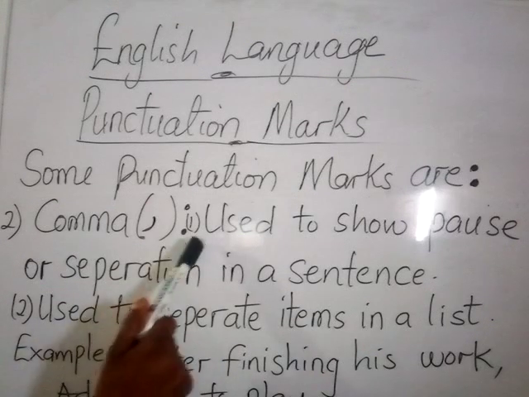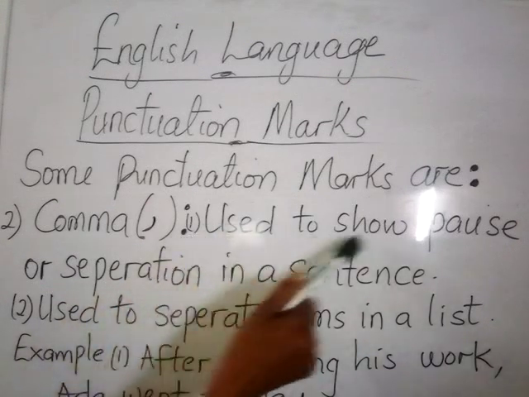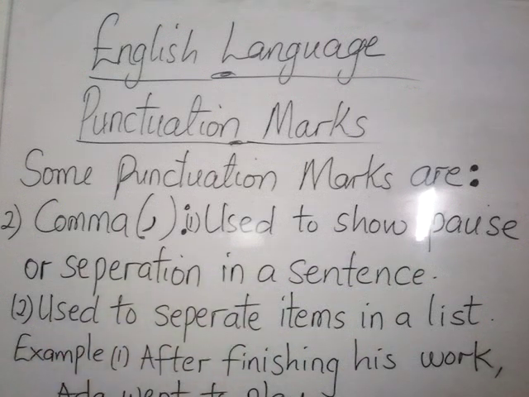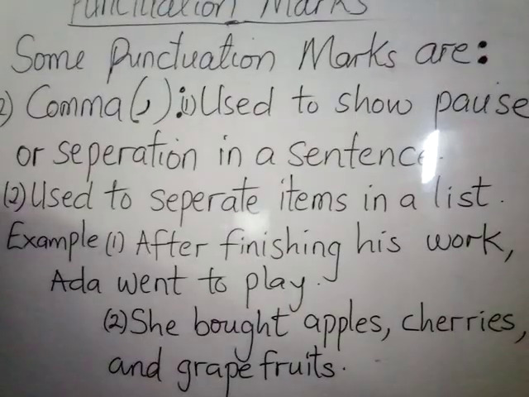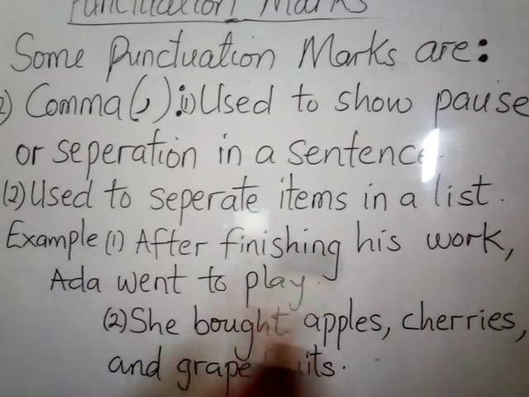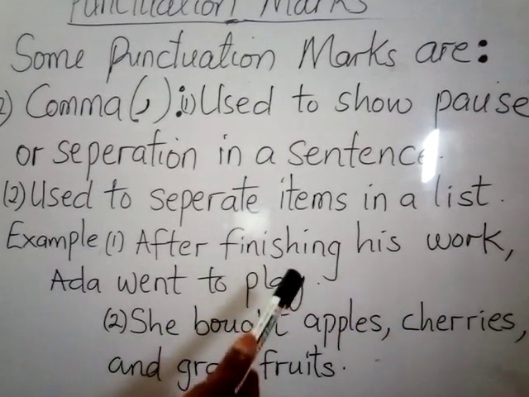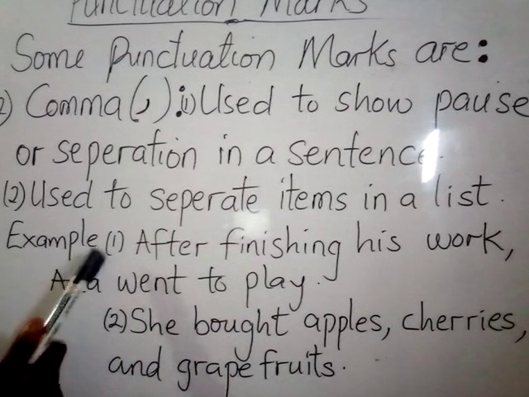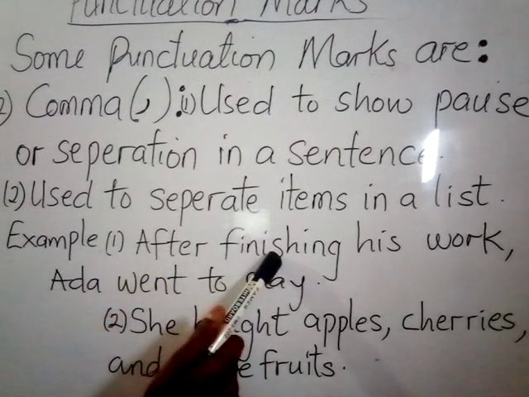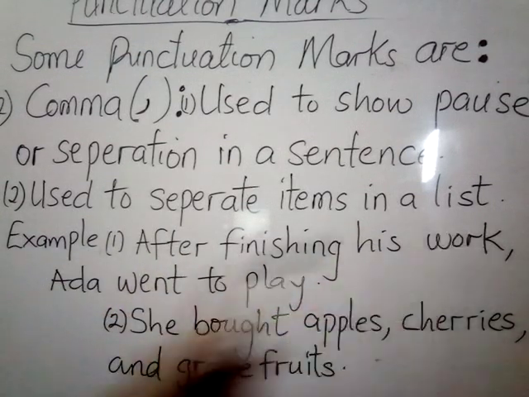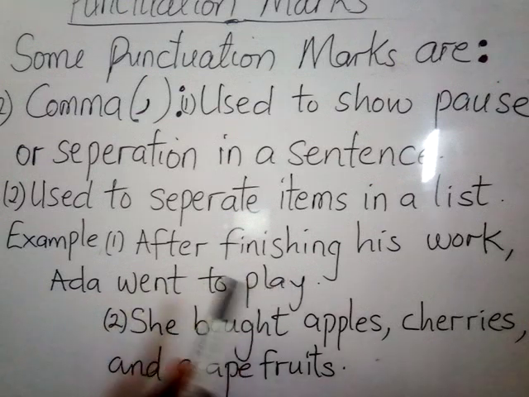So an example for the first one here, where it is used to show separation in a sentence, is given below. Let's take a look at it. So used to separate a sentence or show pause. An example: after finishing his work, Ada went to play. Now here is the comma.